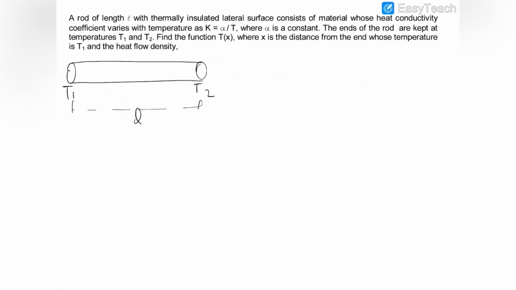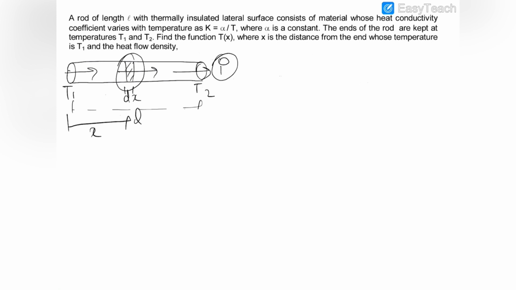The length of this rod is L, and let us assume that there is a small width of this rod dx at a distance of x. At this point, we know that the current flowing through this rod in steady conditions will be the same throughout, because the current in series combination is same. So let us assume that at some point of time current I is flowing through this rod.